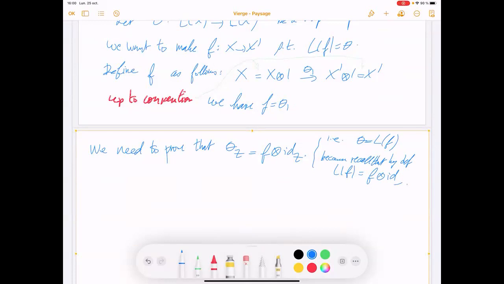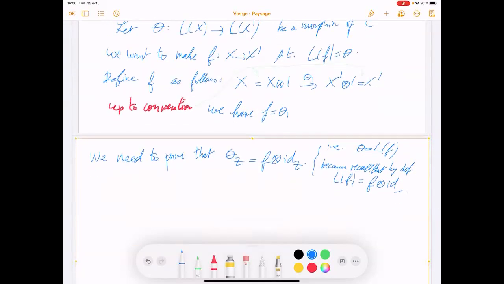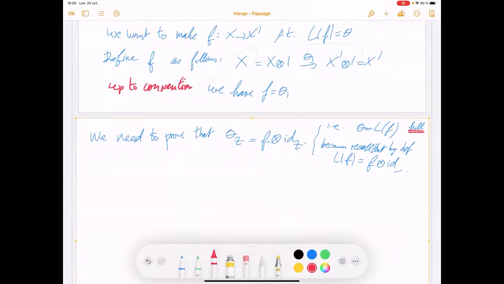And theta equals L of F is exactly what we want to prove. This is fullness. We made a morphism F such that L of F is theta. So it's surjective on the morphisms.